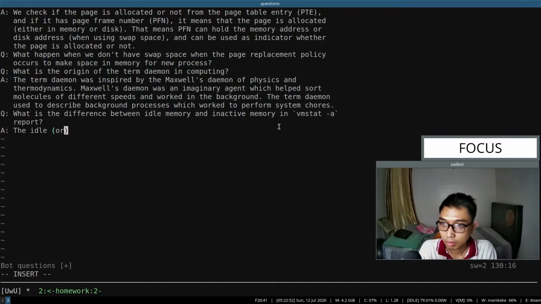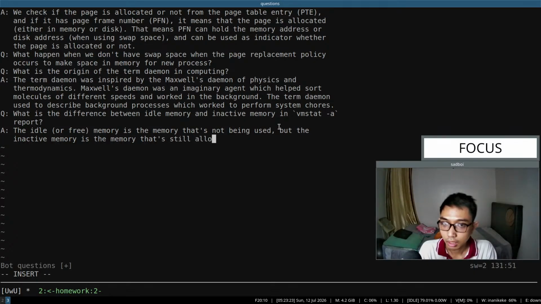Idle or free memory is the memory that's not being used, but the inactive, I guess, is the memory that's still allocated but has not been used recently.